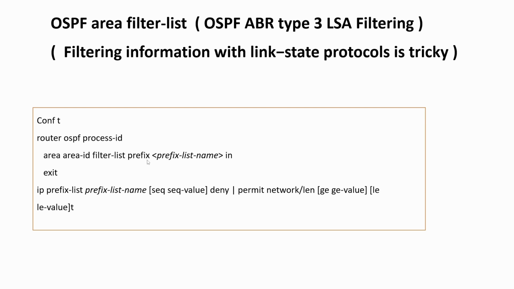Next the keyword is prefix, followed by the prefix list name. Then use the keyword in or the keyword out. Obviously you have to create the IP prefix list to match the routes you want to filter. That is how to configure it.